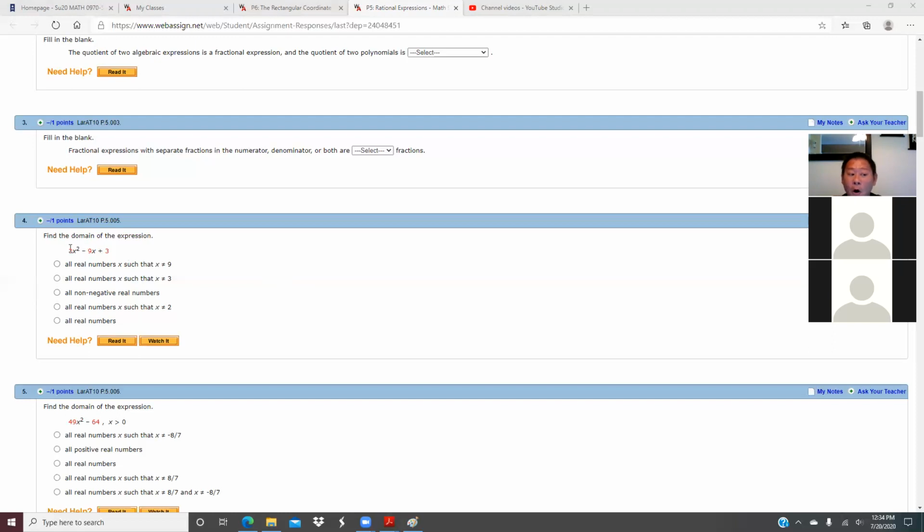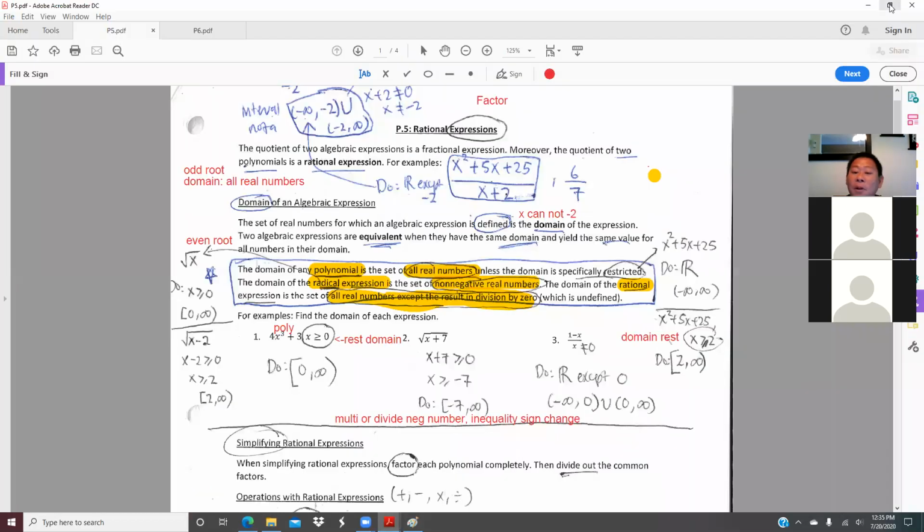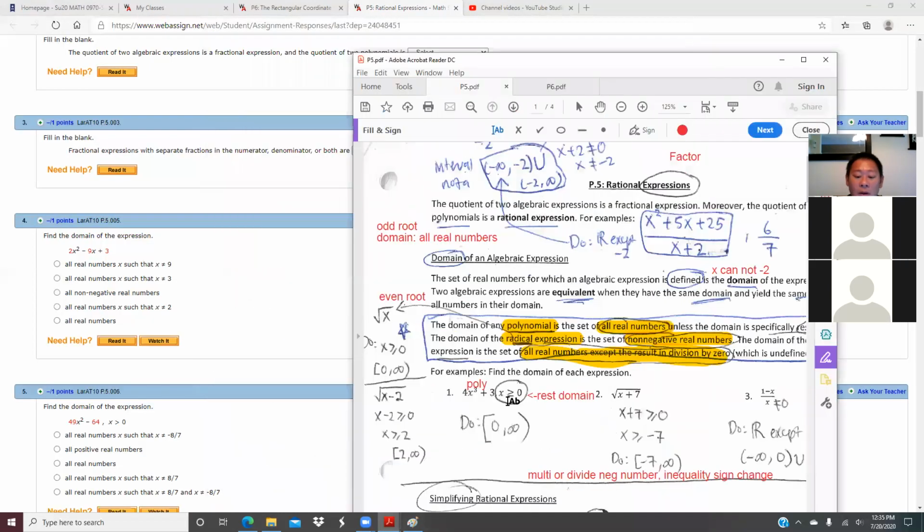This is called polynomials. Don't forget, this is called polynomials. And if you remember, what did I tell you about polynomials? What happens to polynomials? What is your domain in this case? Yep, Magida is correct. No, Devin is still wrong.